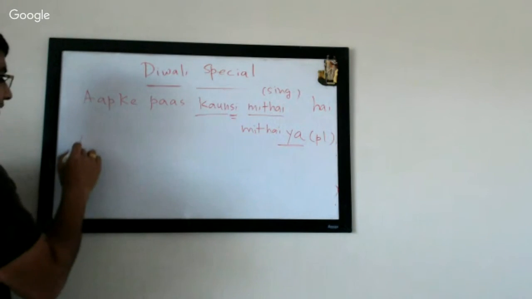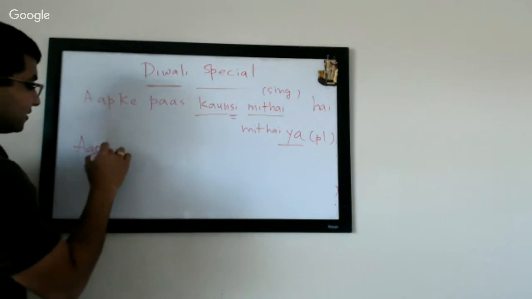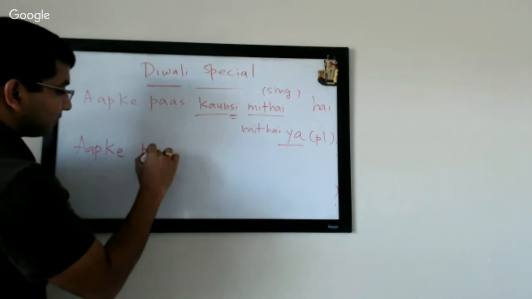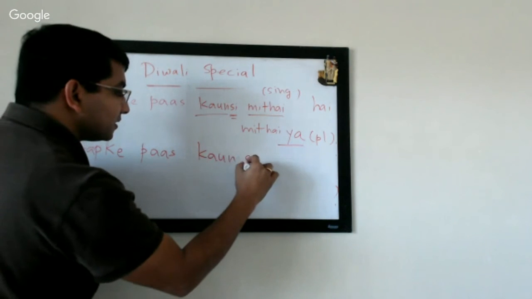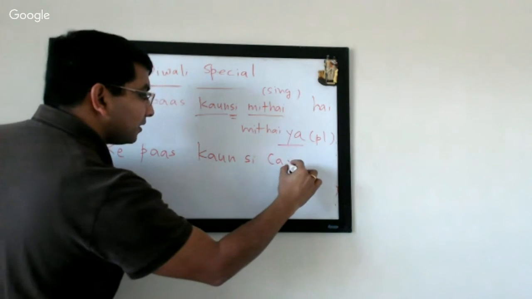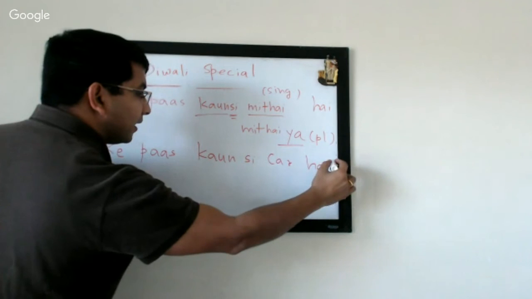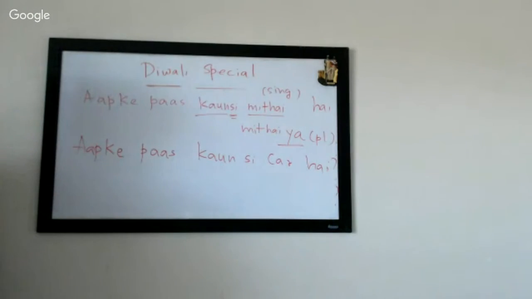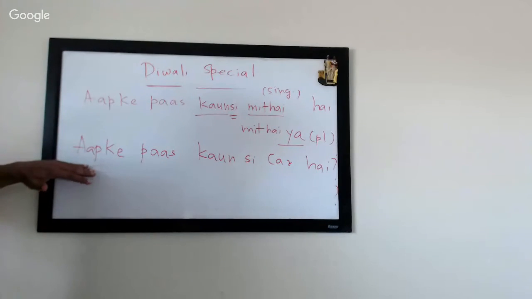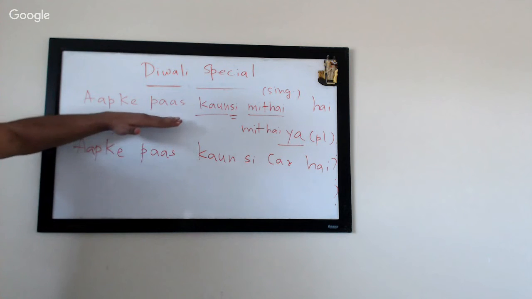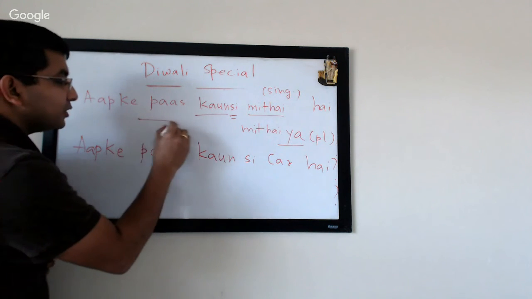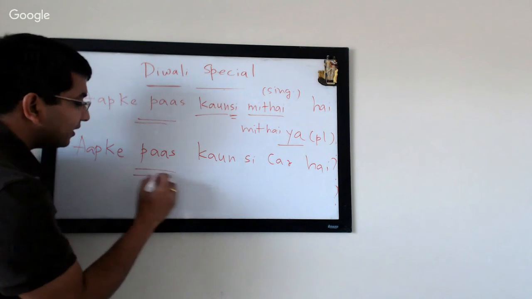When it comes to car, this will be आपके पास कौन सी कार है. So what I want you to do is look at your sentence and look at this one and try to see where was the gap, whether it was that you couldn't figure out this part, the possession part.